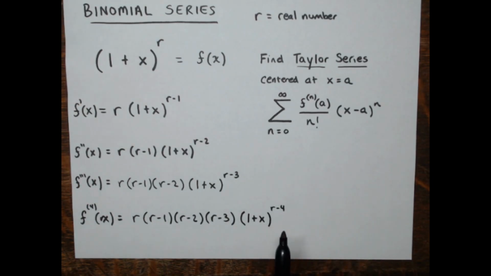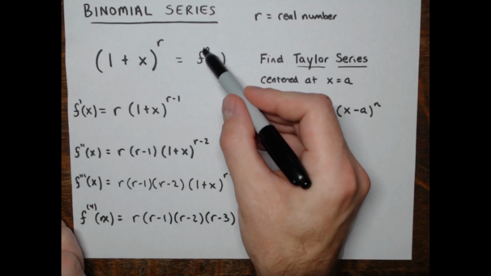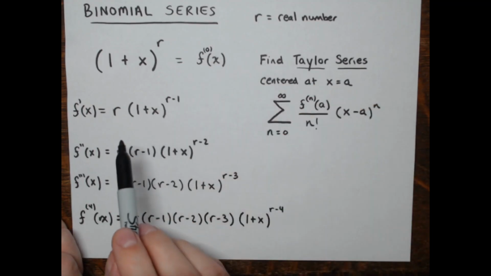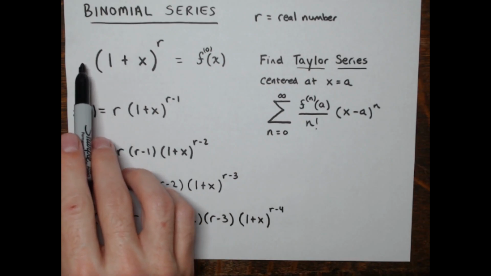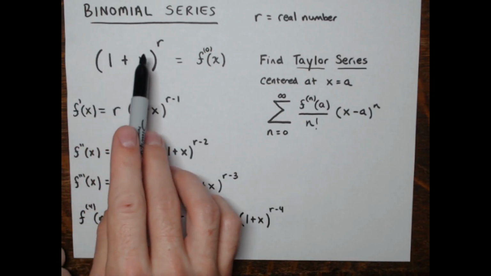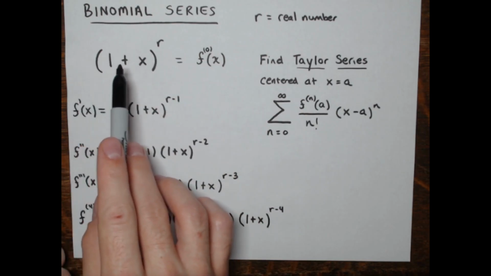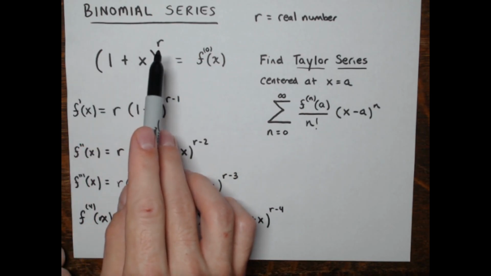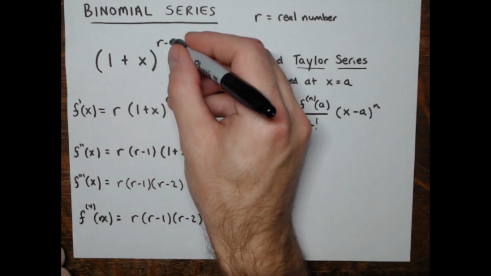All right, so look at what happens here. So here's the, say, 0th derivative, that's the original function. Notice how there are no factors in front of this power of 1 plus x. There are 0 factors in front of the power of 1 plus x. And then this power on 1 plus x is r minus 0.